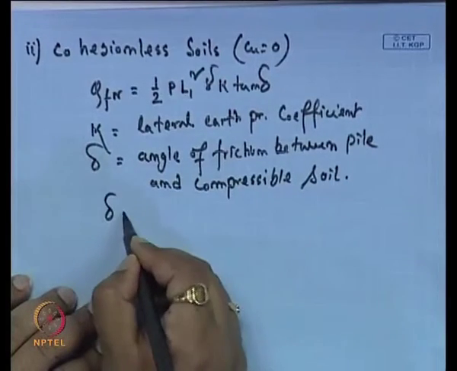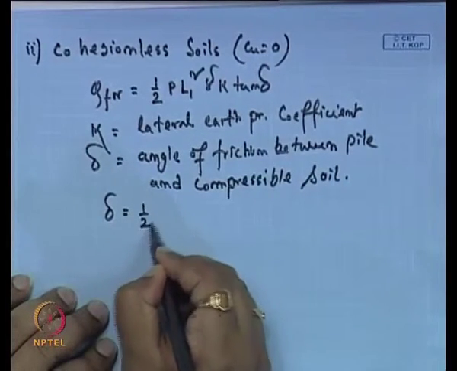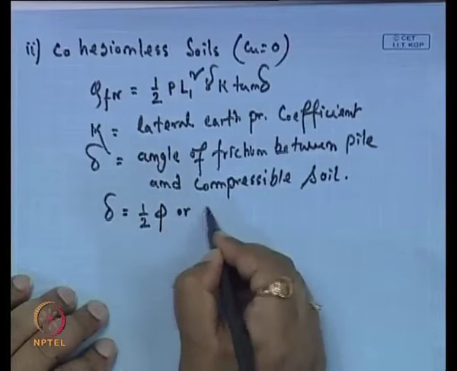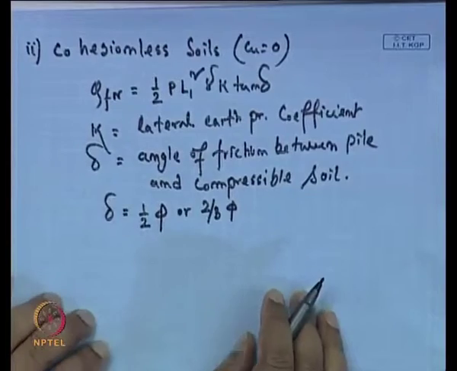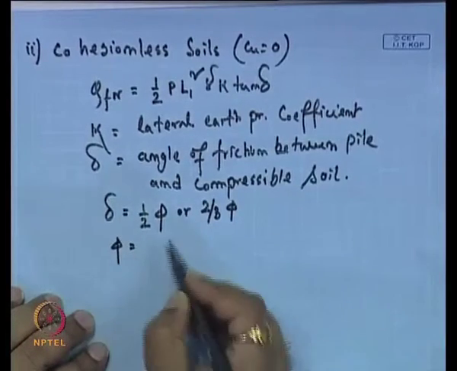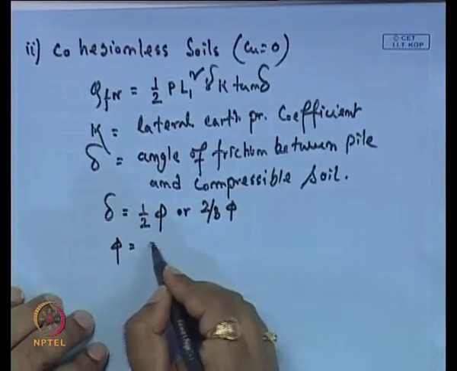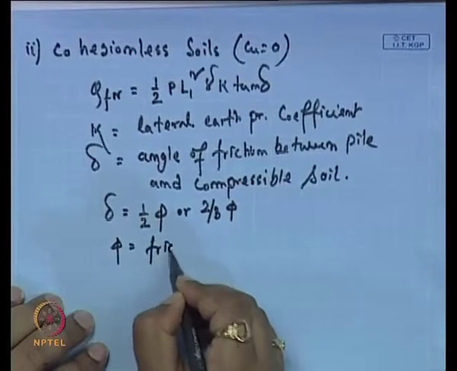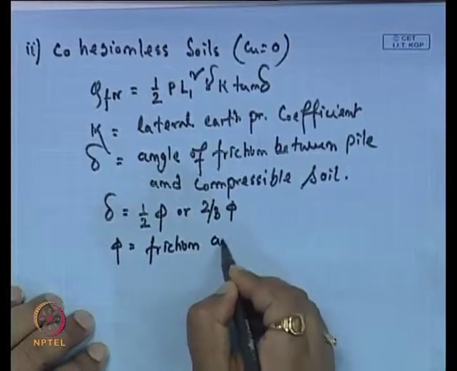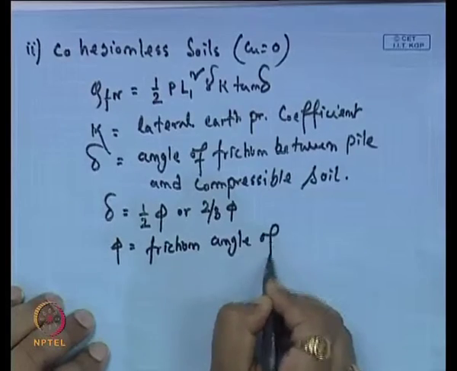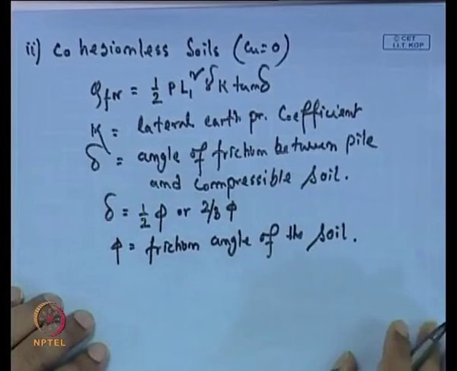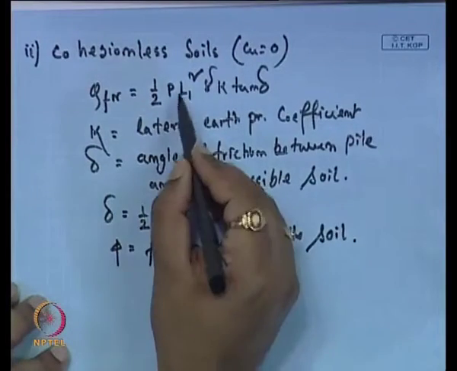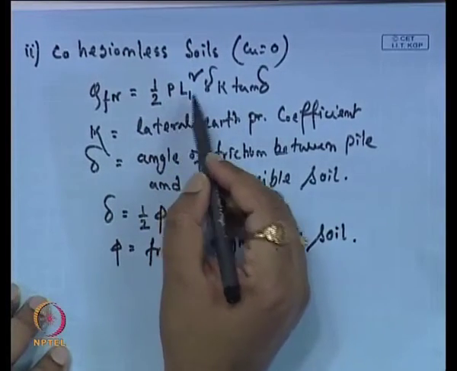Now, generally delta is taken half phi or 2/3 of phi, where phi is the friction angle of the soil. And P is the perimeter of this pile, as I mentioned.